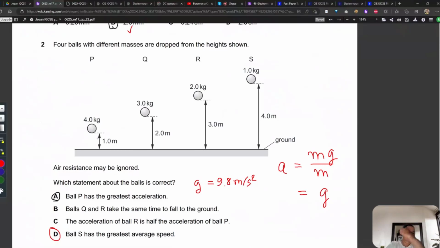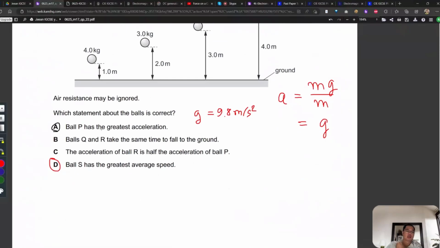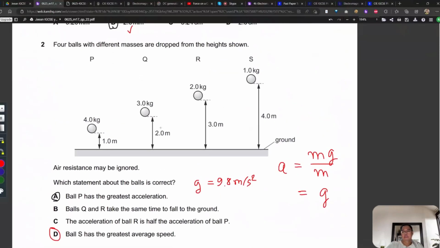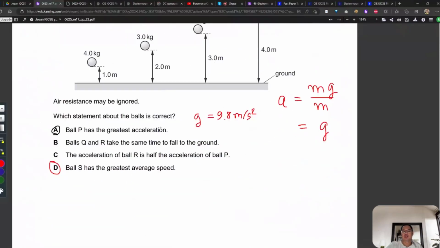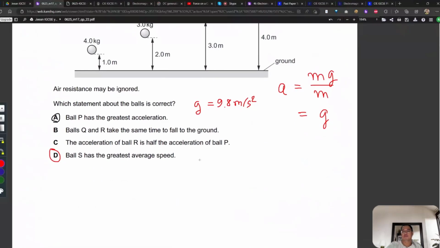The ball S has the greatest average speed because average speed is the distance over time. You will use the equation, the distance equals ut plus 1/2 at squared. Remember this equation?